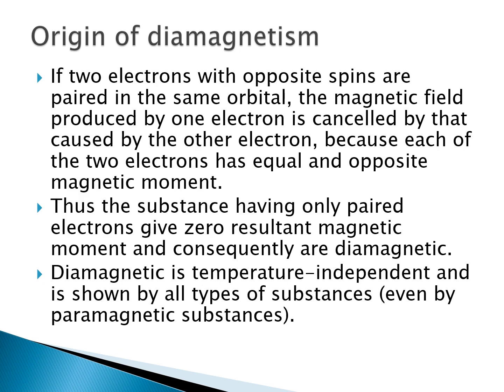Therefore, a substance having only paired electrons gives a resultant magnetic moment equal to 0 and is consequently diamagnetic. Diamagnetic materials are temperature independent.